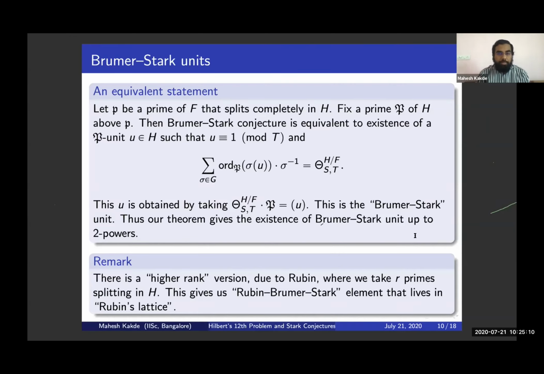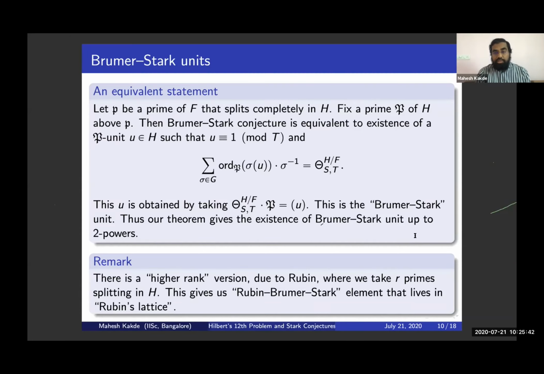So I take a prime P of F that splits completely in H. Remember, H over F is a finite extension, F is totally real, H is CM. I take a prime in the ground field that splits completely in H, and I fix a prime in H above it. These things depend on this choice of the prime, but they are all equivalent if you choose a different one, quite trivially.